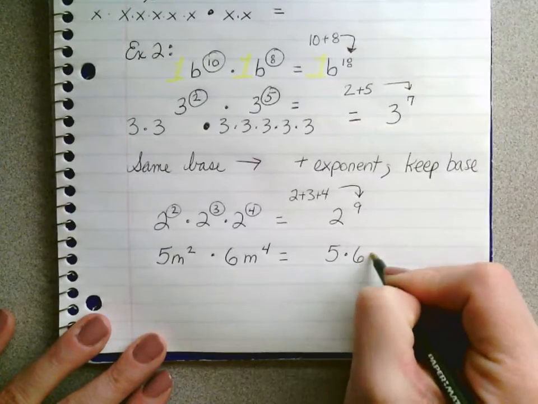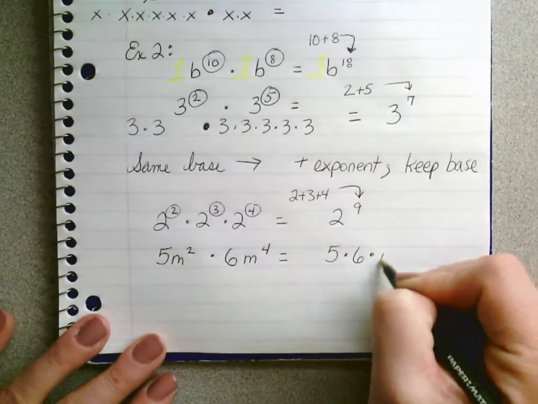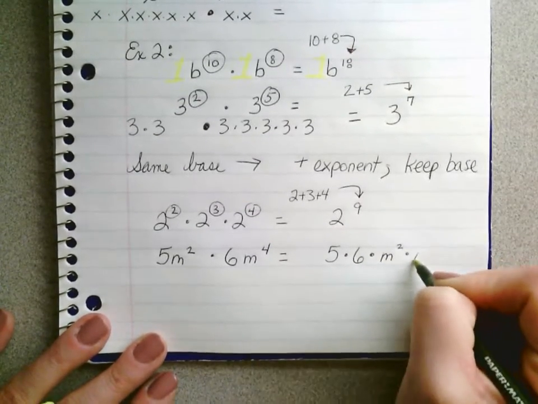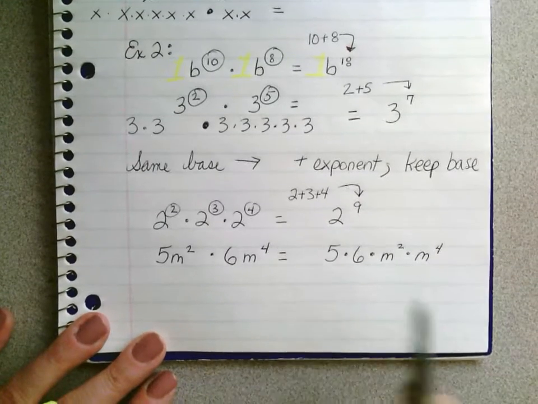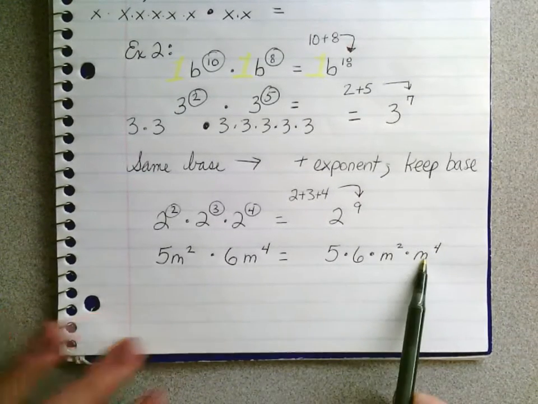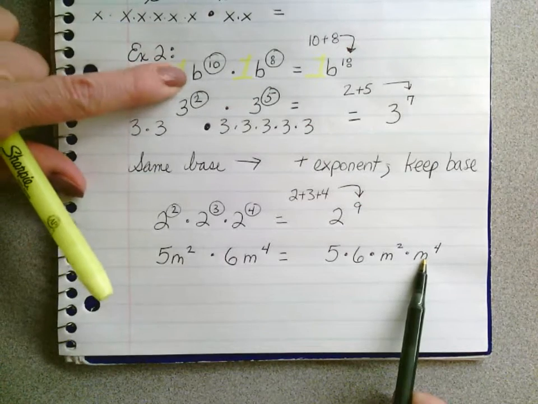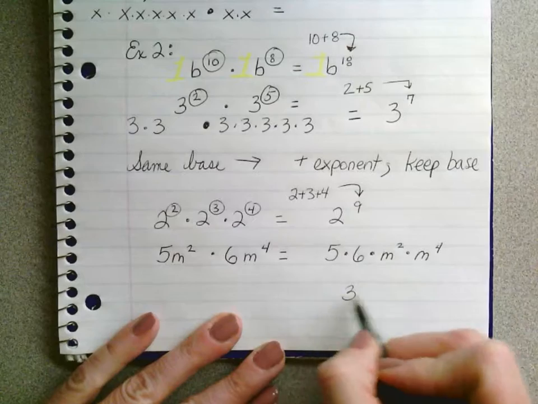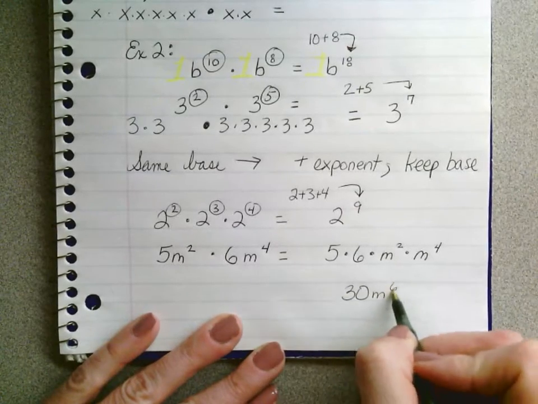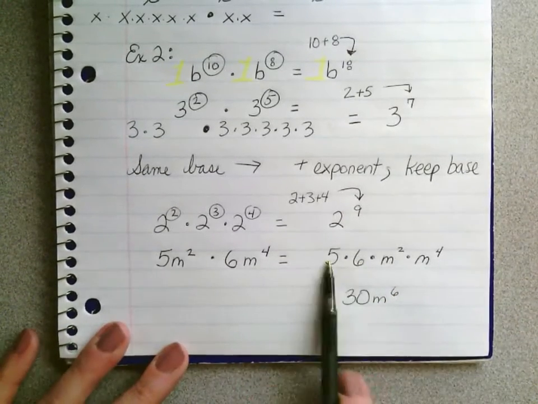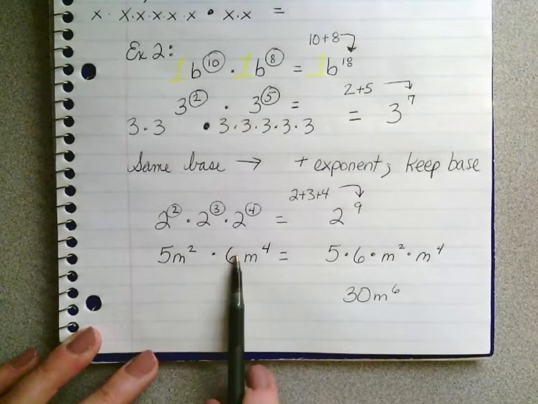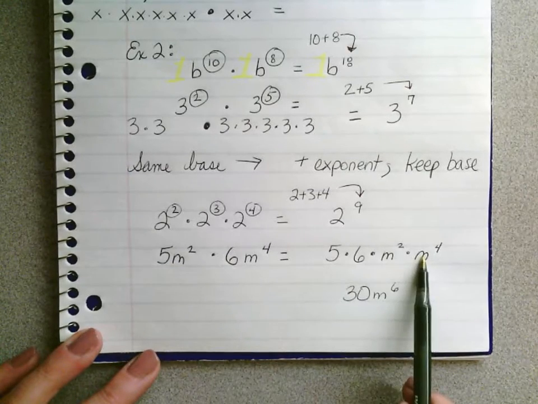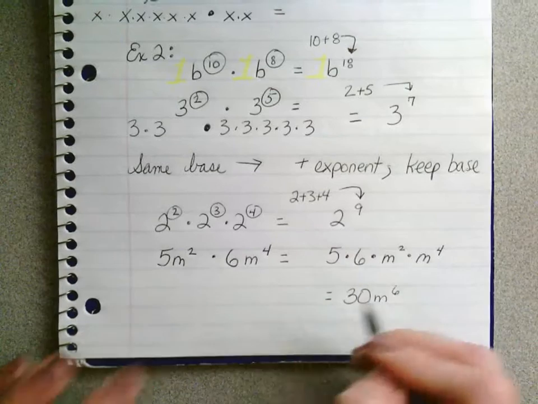Take the numbers and take the variables. Now this component here looks more like that component up there. You should end up with 30m to the 6th. There's 2 numbers, those are different, those get multiplied. Combine your exponents, okay?